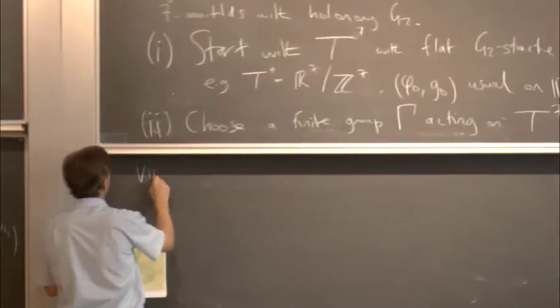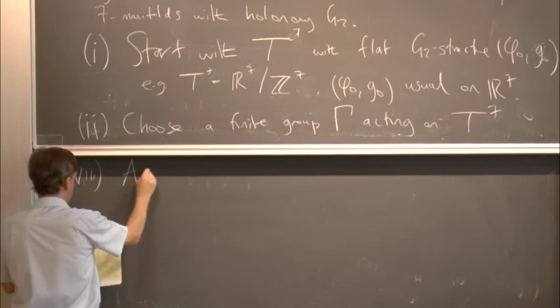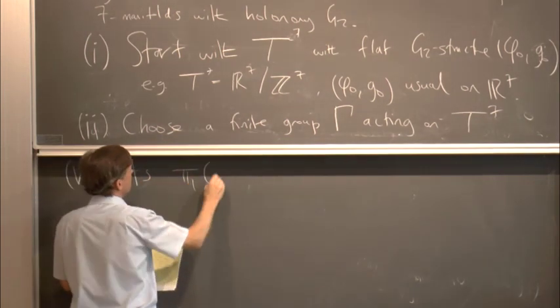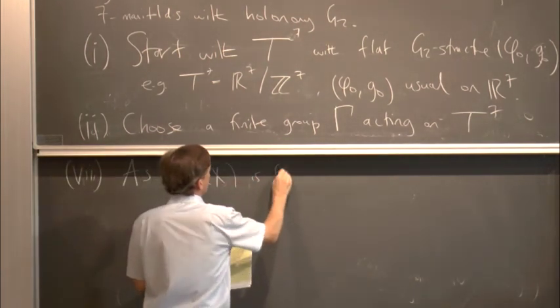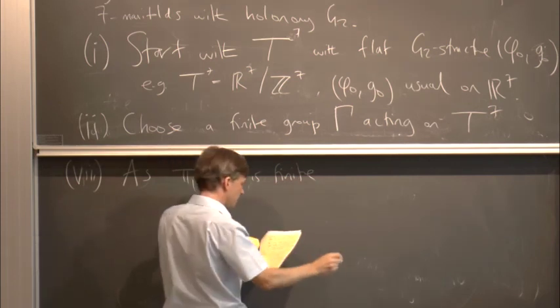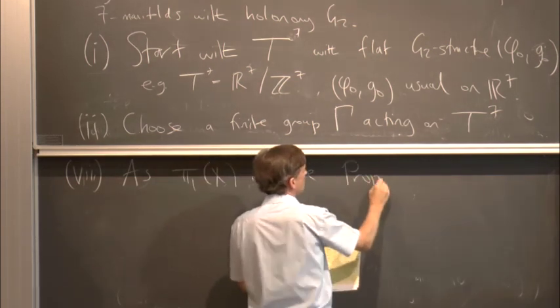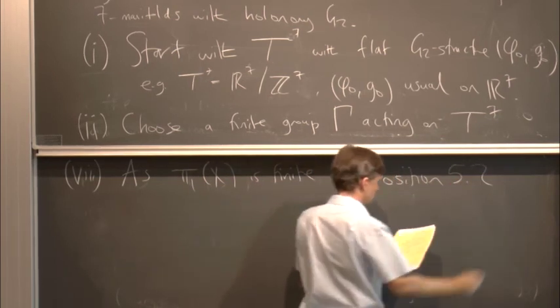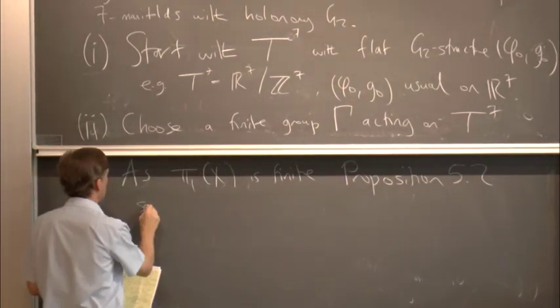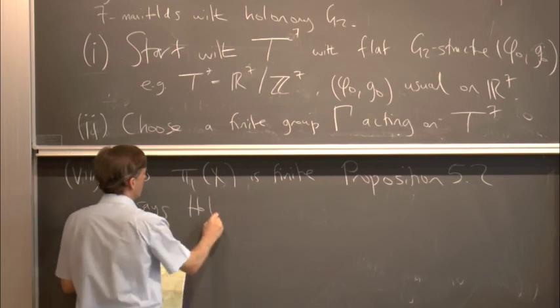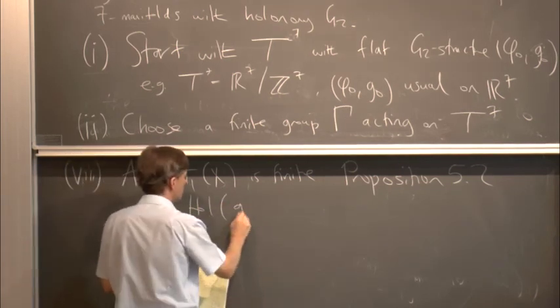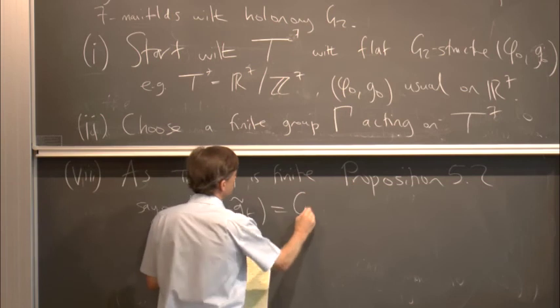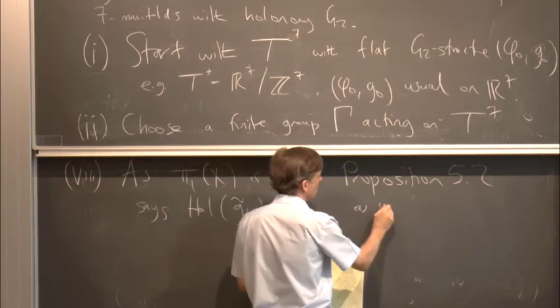Finally, as pi 1 of X is finite, one of the early propositions, proposition 5.2, I said, says that the holonomy group of g twiddle t is G2, as we want.